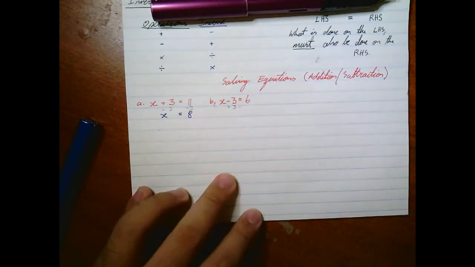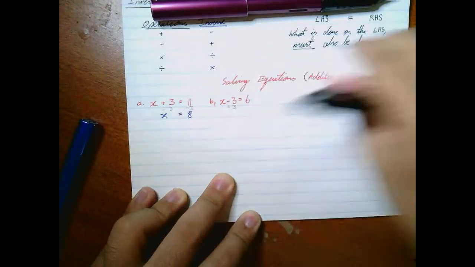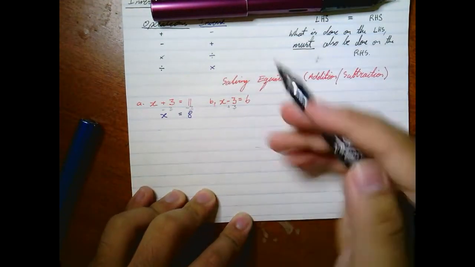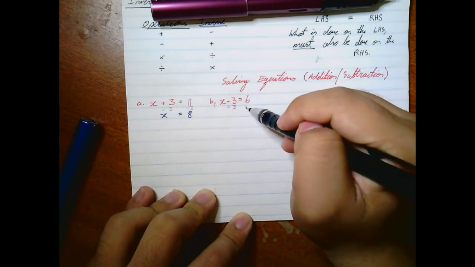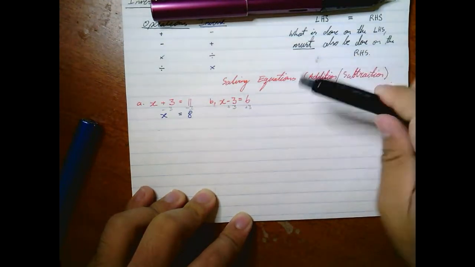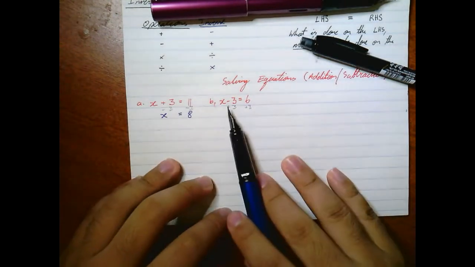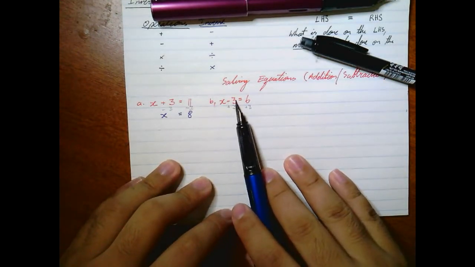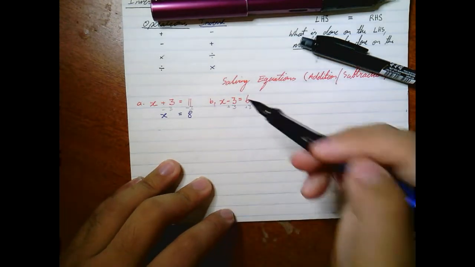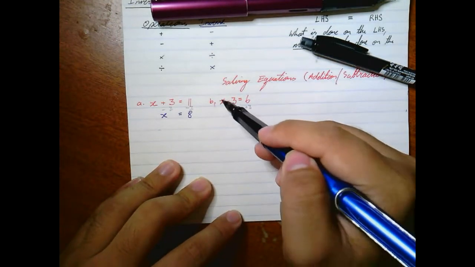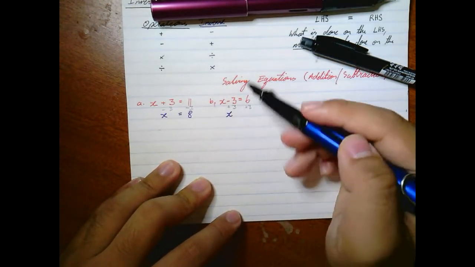And since we're adding 3 on the left, we must also add 3 on the right, which will give us, once again, minus 3 plus 3, that's just 0, which leaves us with x on its own on the left.